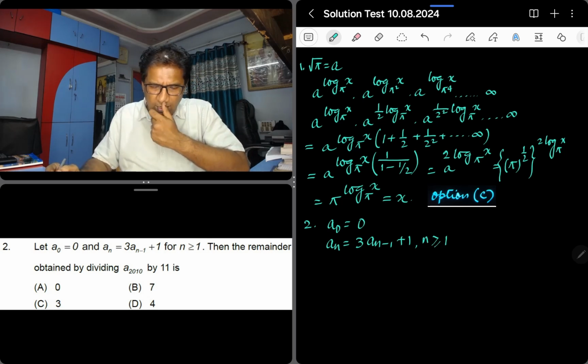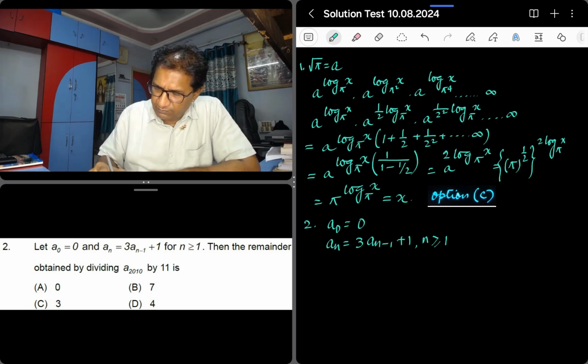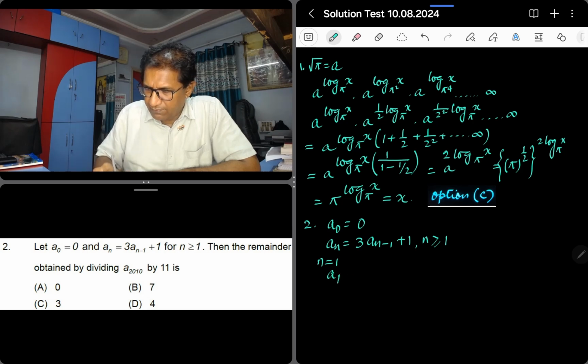So we have to find out the remainder obtained when A suffix 2010 is divided by 11. Now in place of N, if I put, let us say 1. So what we are getting? A1 is, A0 is 0, so A1 is coming to 1.